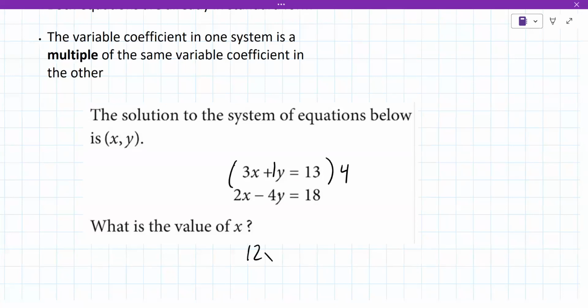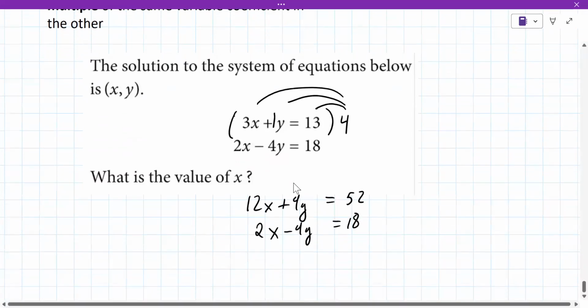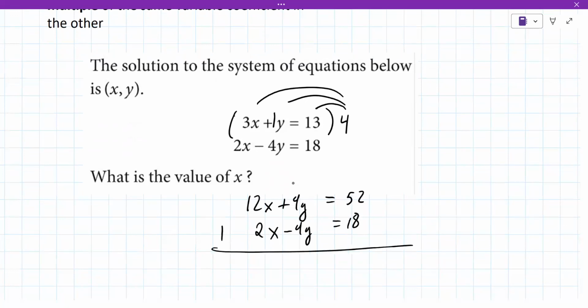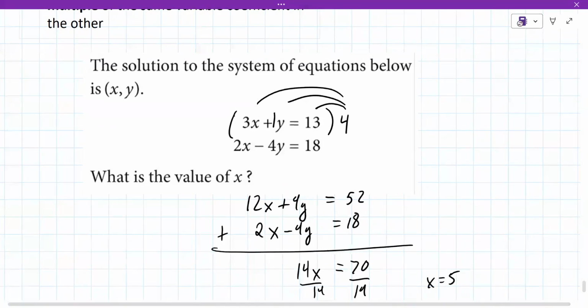So it'd be 12x plus 4y, you're multiplying each of these by 12, equals 52. 2x minus 4y equals 18. And now you can add the equations together. So 14x equals 70, divide by 14, and x equals 5.